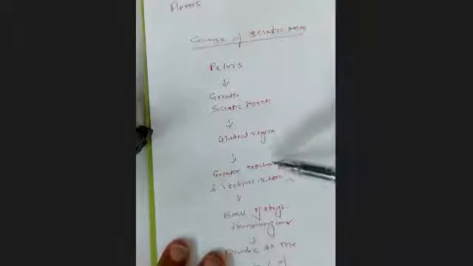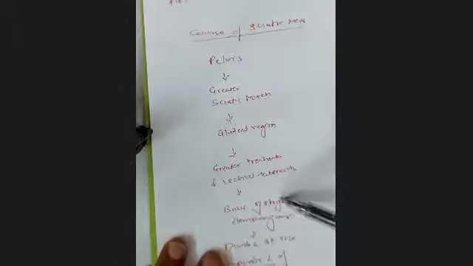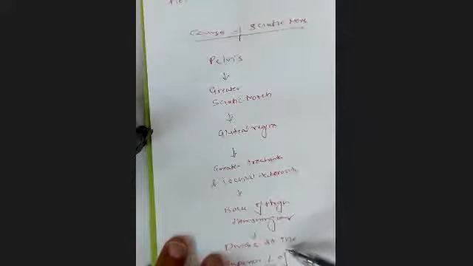Now, before that, I'll just revise the summary of the course. It starts from pelvis, goes to greater sciatic notch, then to the gluteal region, then to the greater trochanter. It passes between greater trochanter and ischial tuberosity, goes to the hamstring compartment, then divides at the superior angle of the popliteal fossa.